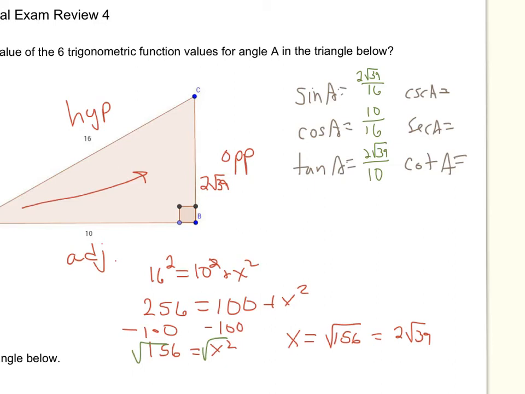And then for the cosecant, secant, and cotangent, I can just flip those. So 16 over 2 square root of 39. This would be 16 over 10, and we could certainly reduce some of these. And then 10 over 2 square root of 39. So you can certainly reduce some of those fractions, but I'll leave that to you to try.